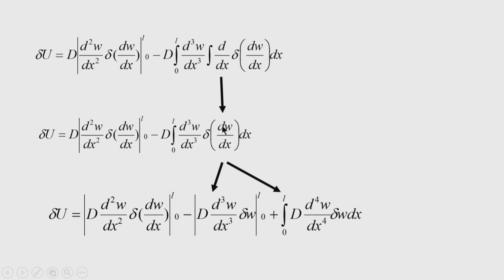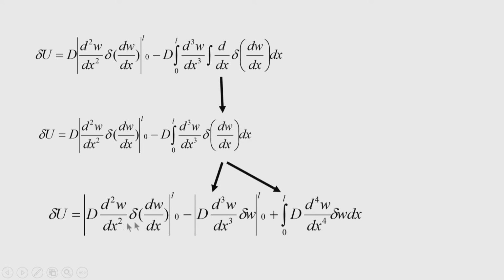The differential operator d by dx and the variation operator are interchanged, and therefore we get, after integration, delta w, and we put the limit to evaluate this quantity at the boundary. Then minus, and minus minus plus sign will be there, with the derivative of this term already there. So, the fourth derivative d to the power 4 w by dx 4 is coming, and then integration of this del w.